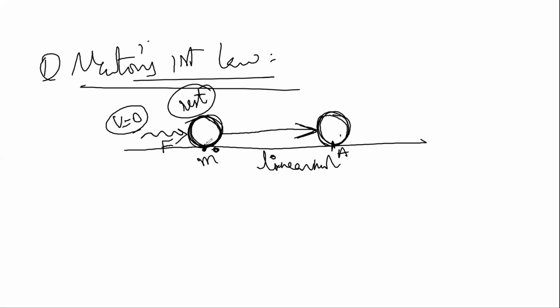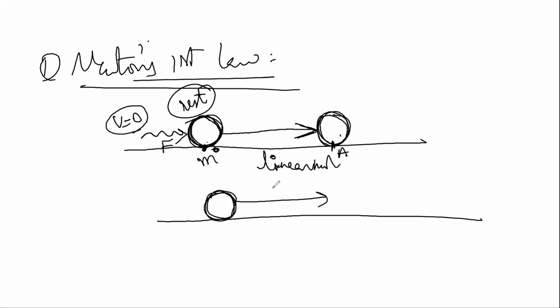So until this force has acted, the body remained at O. That means until and unless an external force is applied on this body, the body continues to be in the state of rest. In the other case, this small sphere I'm taking is moving with a velocity of 20 meter per second.